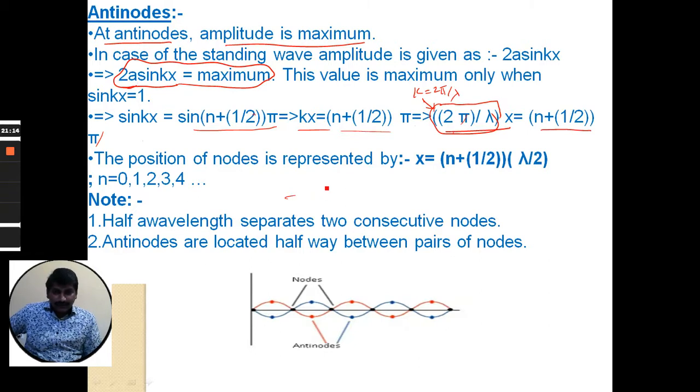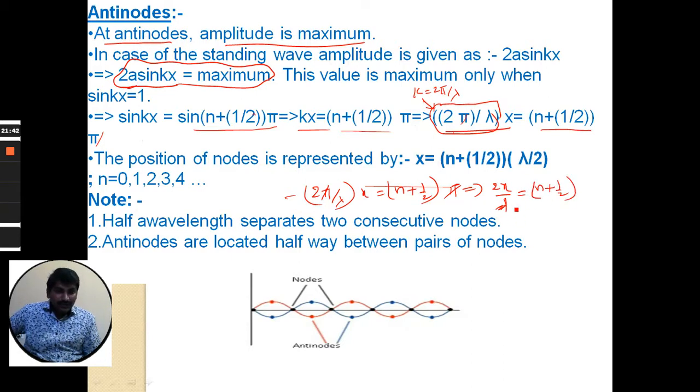That is kx, 2 pi by lambda into x equal to (n plus 1/2) into pi. Pi gets cancelled. So now I have 2x by lambda equal to n plus 1/2.